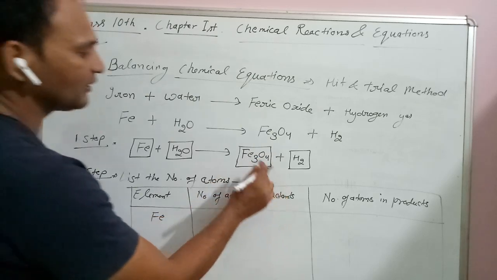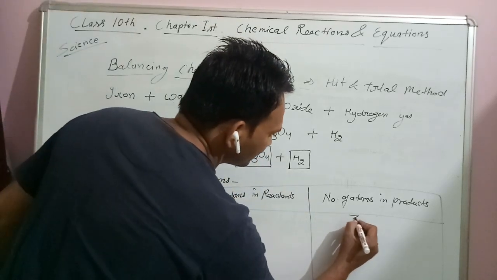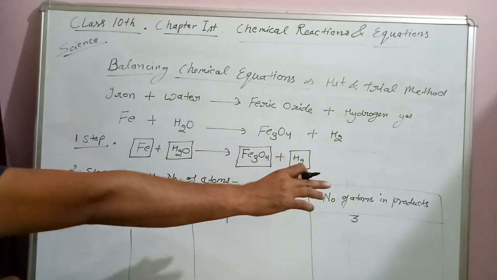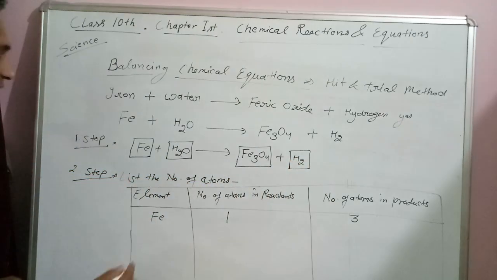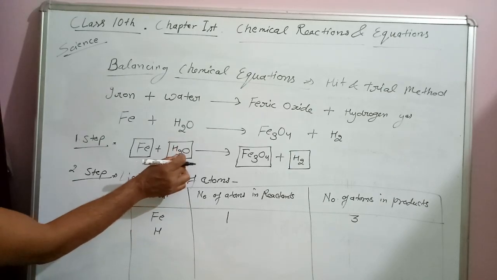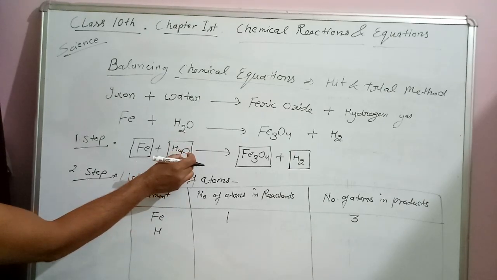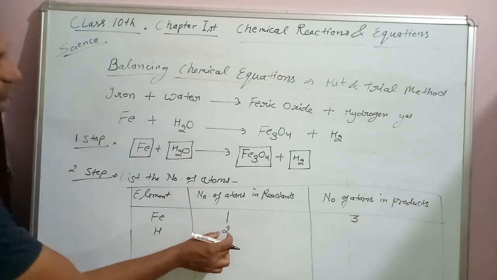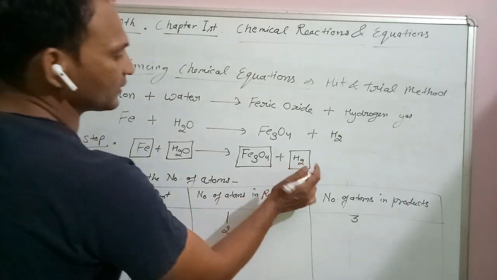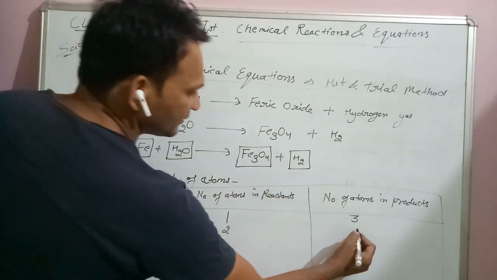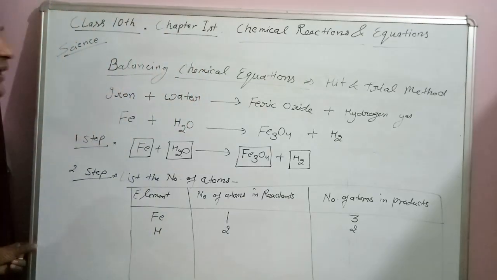It means there are 3 atoms present in the products for the iron. Next is H, hydrogen. Hydrogen is here H2, so in the reactant 2 hydrogens are there. In the product, it also has 2 hydrogens.